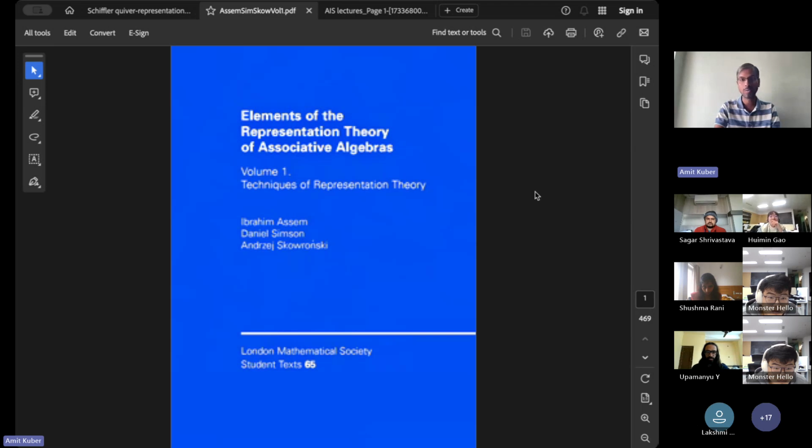Volume 2 is more advanced; even I don't know enough about that, so only volume 1. I have put both these books in the folder, if you remember Upendra Kulkarni's folder. I don't have access to that folder, I'm not the owner, so I have put it in additional material because I could add it there.